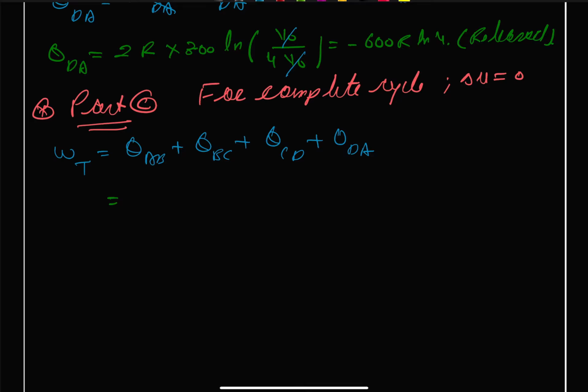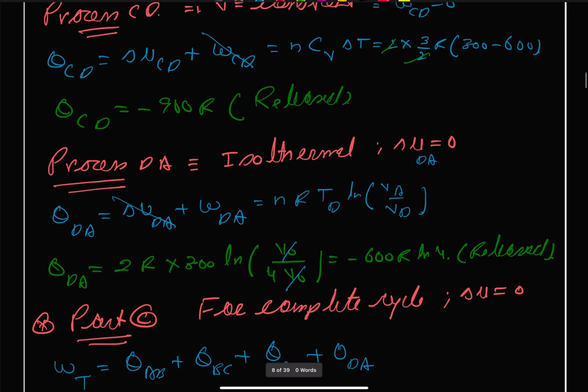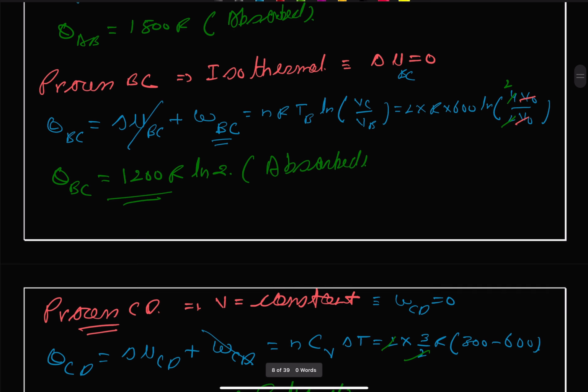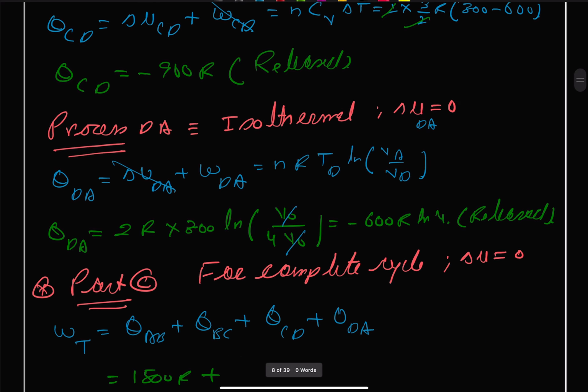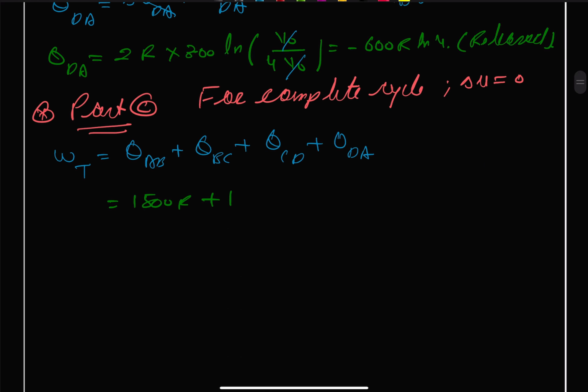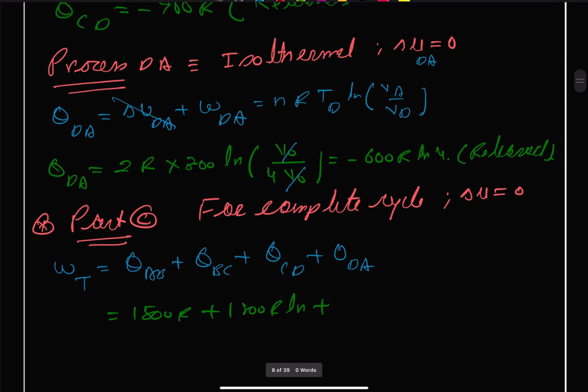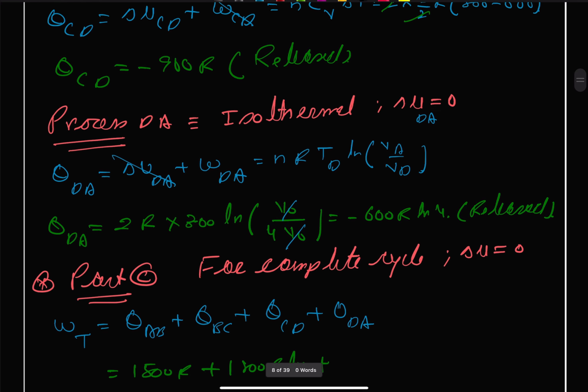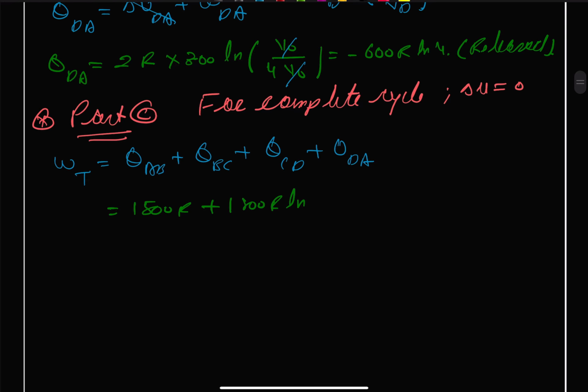We get this as 1500 R, QBC is plus 1200 natural log of 2, plus QCD is minus 900 R, and this comes as minus.